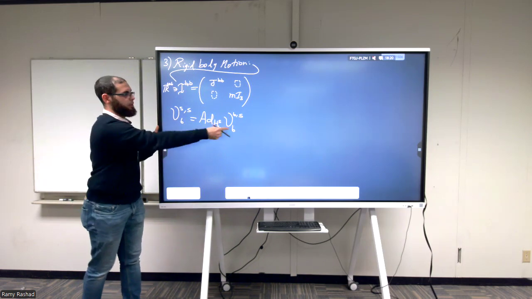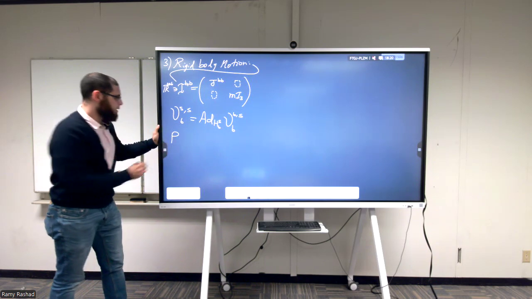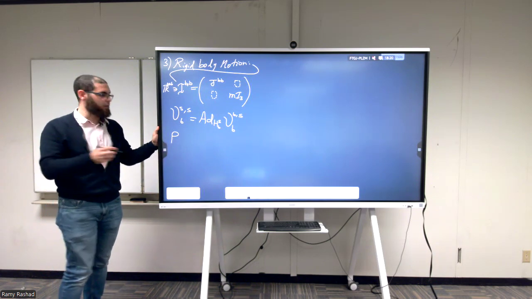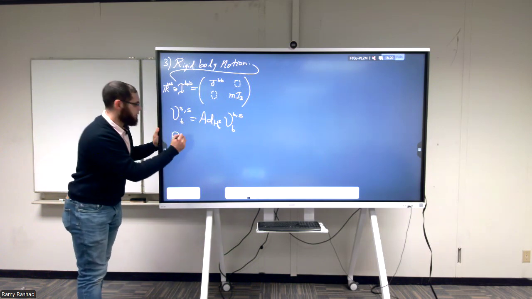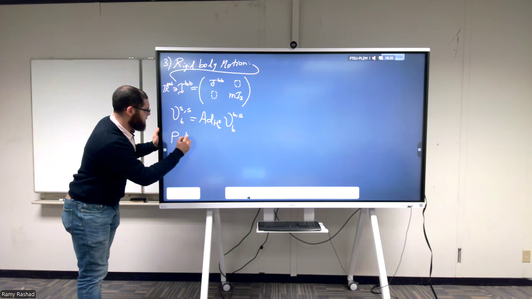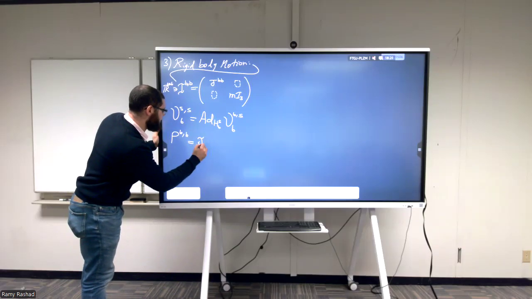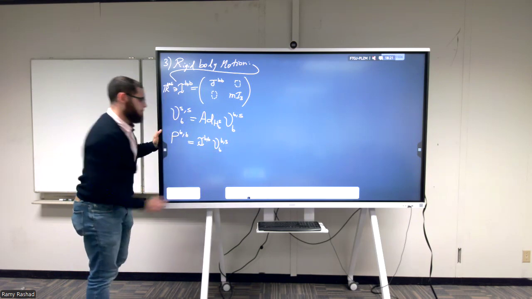A 6x6 matrix will multiply these together. How do I define the generalized momentum? The generalized momentum, we're just going to be calling it P without any subscripts, of body B expressed in the B frame. And this is equal to the inertia tensor BB multiplied by the twist V_BS.